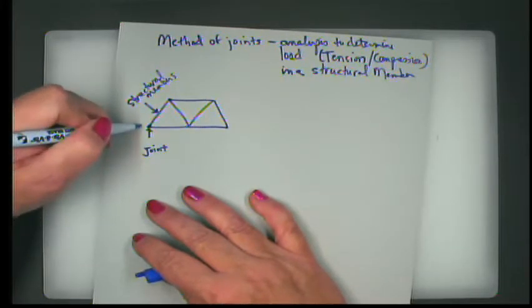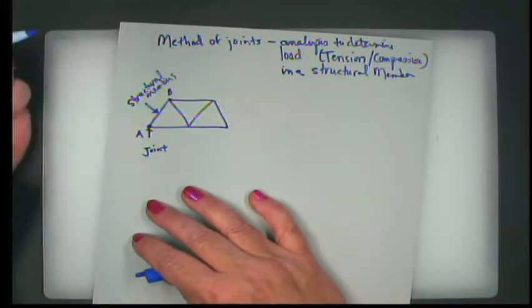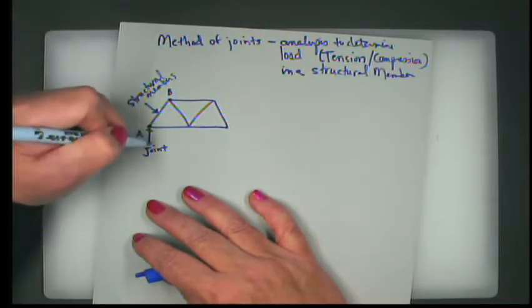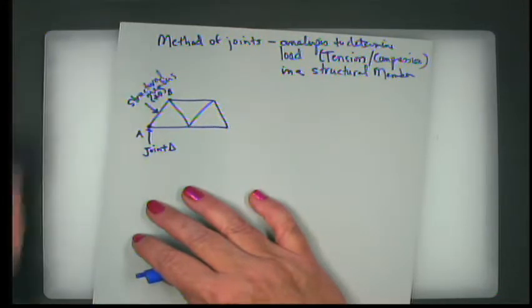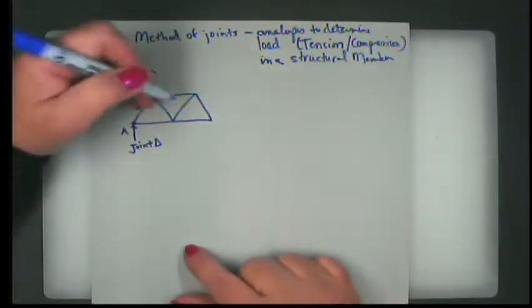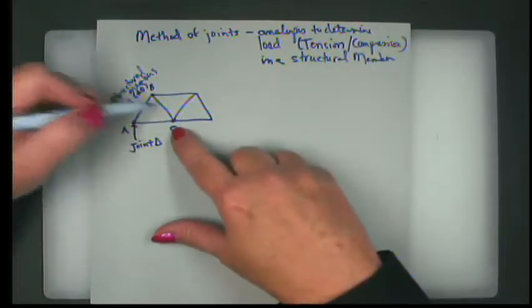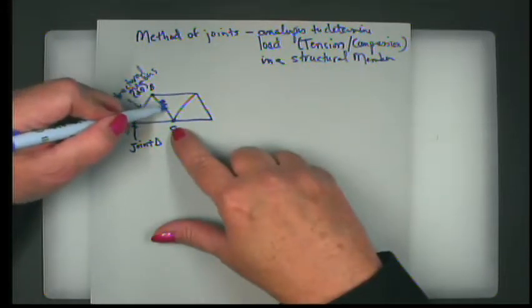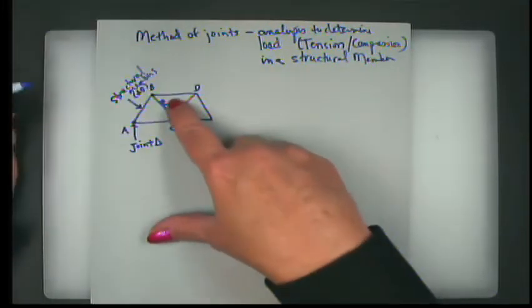So if I call this joint A and this joint B, I would call this structural member AB. Right? Now that is just convention. If you don't do it that way, you're not going to die. But what would this structural member be then, right here? Would this be structural member BC? And if this was D, what would this one be up on top?